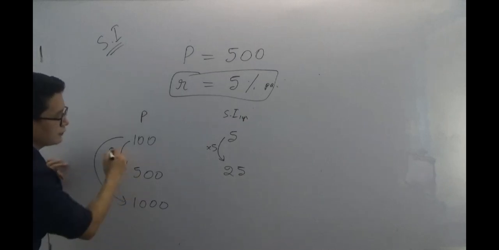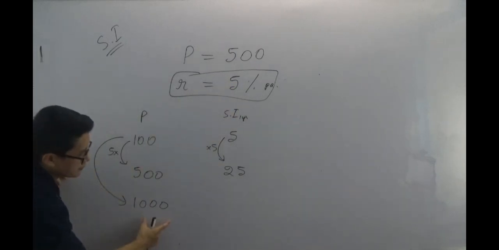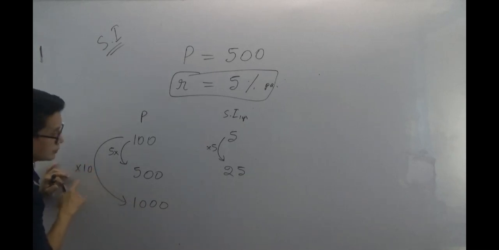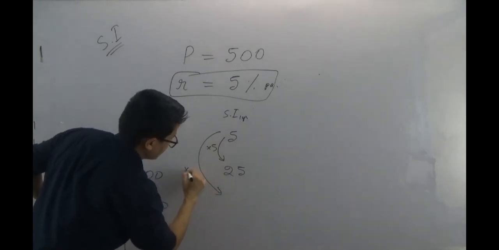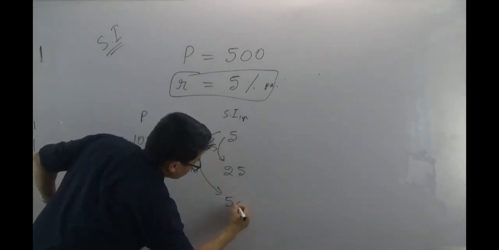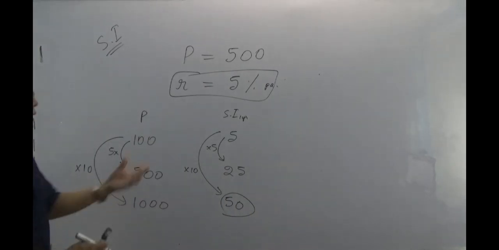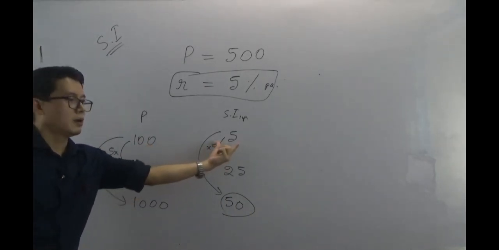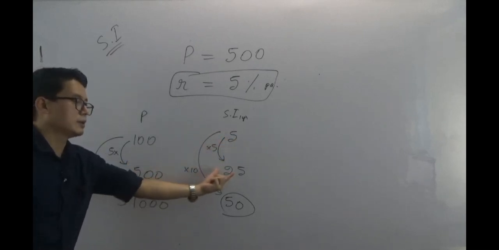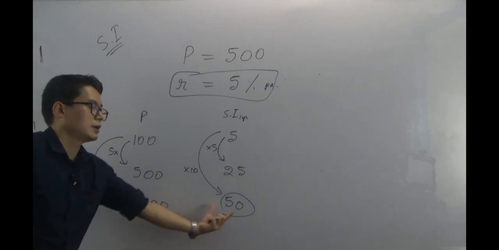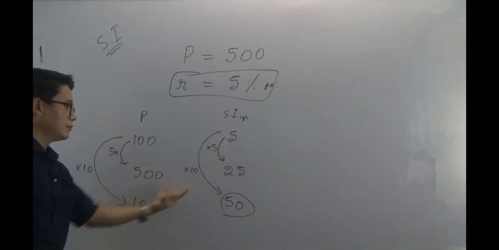Similarly, if the principal is 1000, I have to multiply by 10, so 5 times 10, and my interest for 1 year becomes 50.